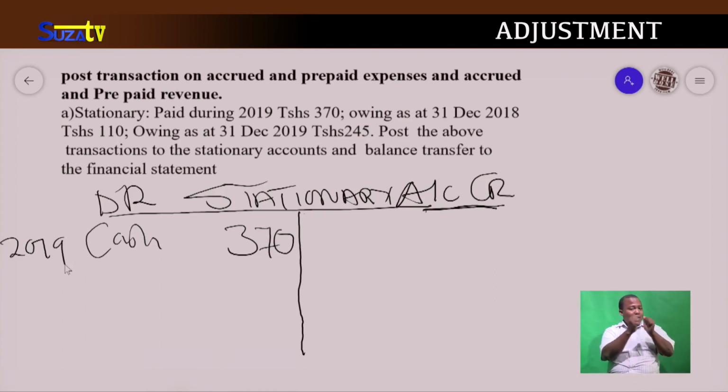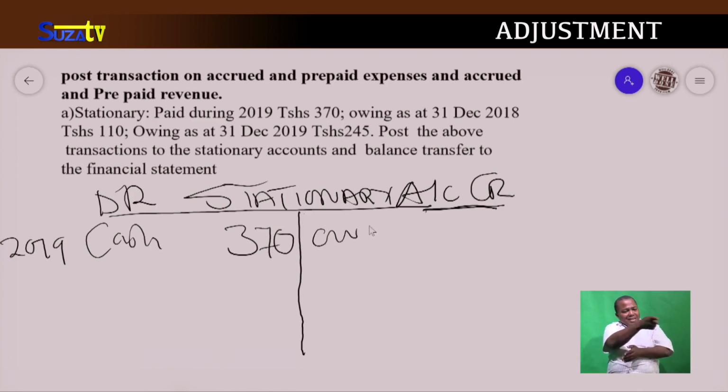2019. Owing as at 31st December 2018 Tanzania shillings 110. Remember that this is a previous owing, and all previous owing through the expenses account should be recorded on the credit side.